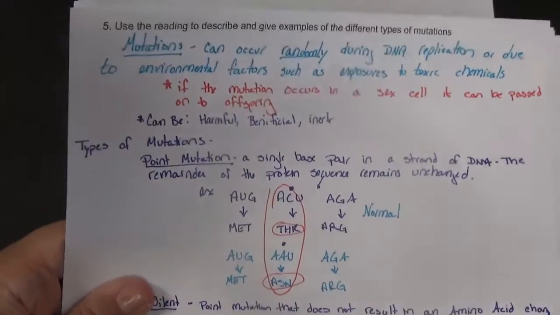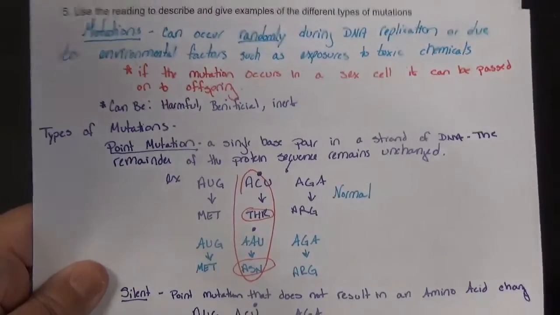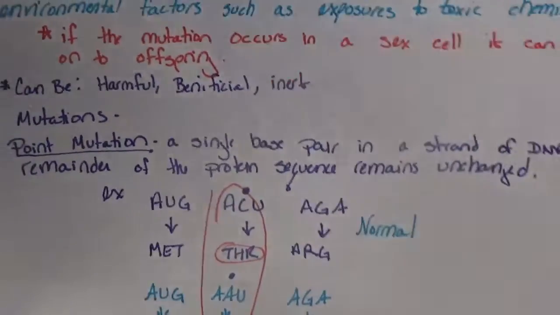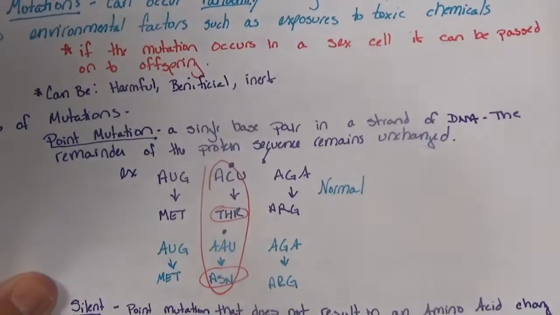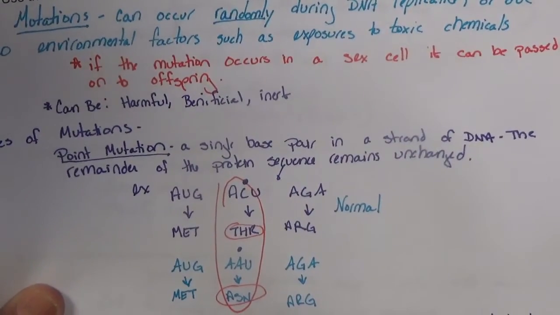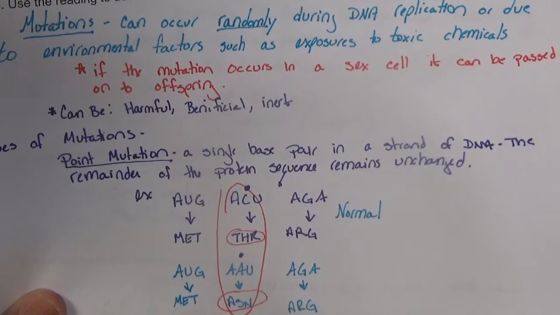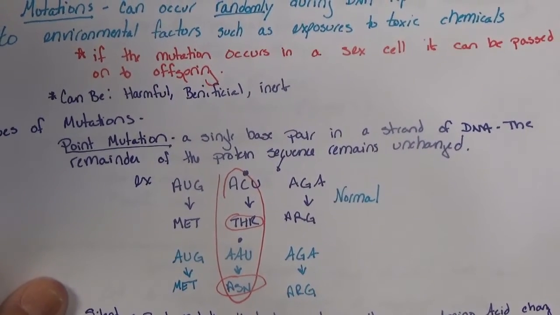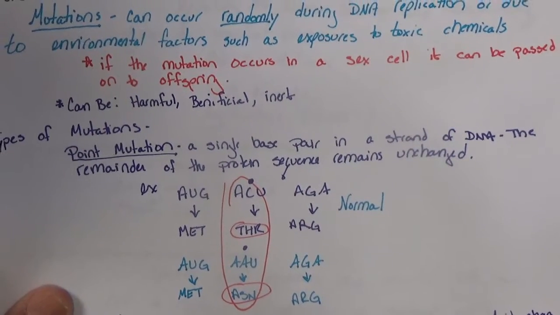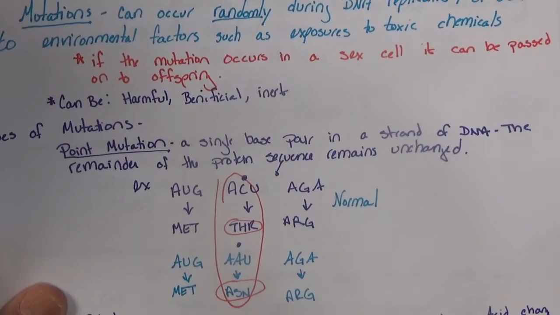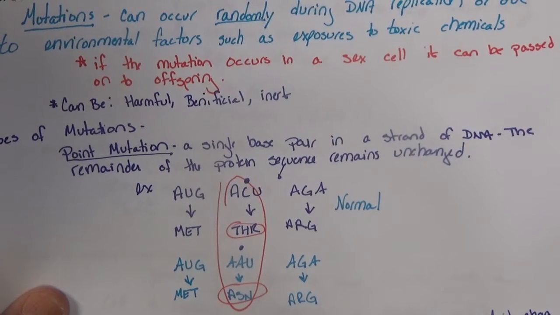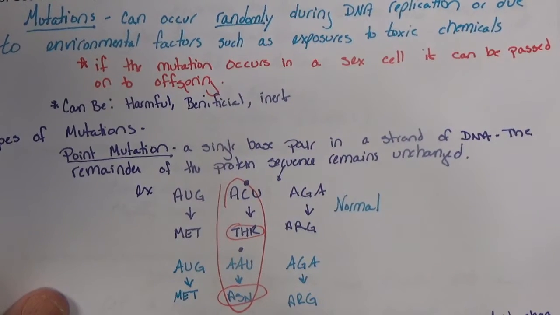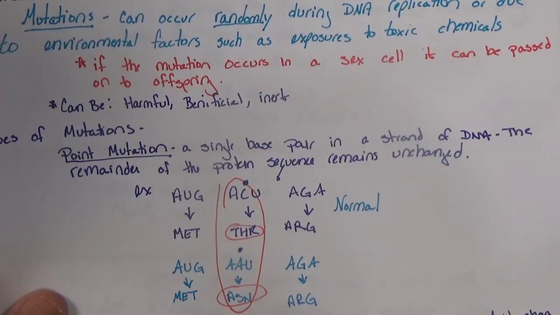Types of mutations. Your point mutation is where a single base pair in a strand of DNA is replaced with a different nucleotide. The remainder of the protein sequence remains unchanged. So for example, AUG, ACU, AGA, these translate to MET, THR, ARG.